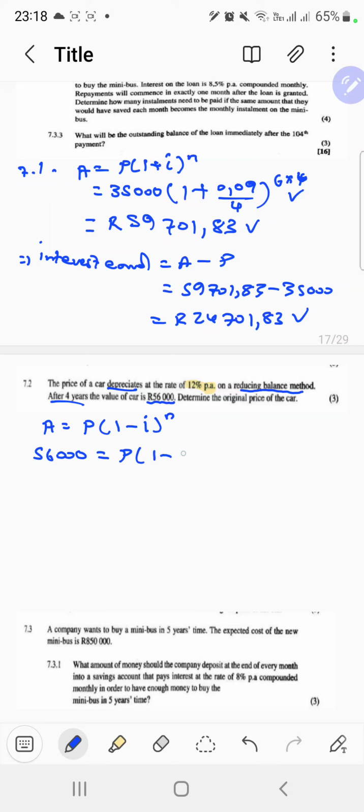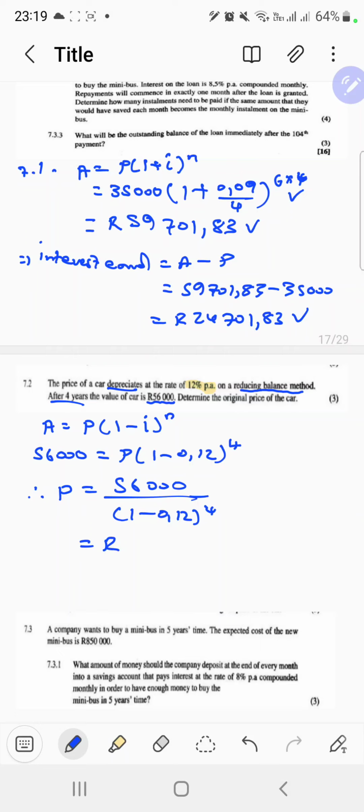Here you express it as a percentage, so this is 0.12. This is per annum, so there are no quarters or anything, so this is just to the exponent 4. Simple. Therefore, P is going to be 56,000 divided by 1 minus 0.12 to the exponent 4. Let's see how much money it was.